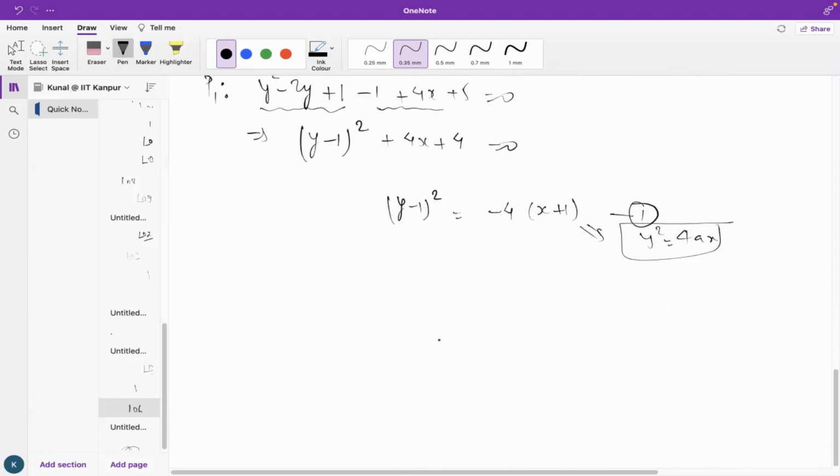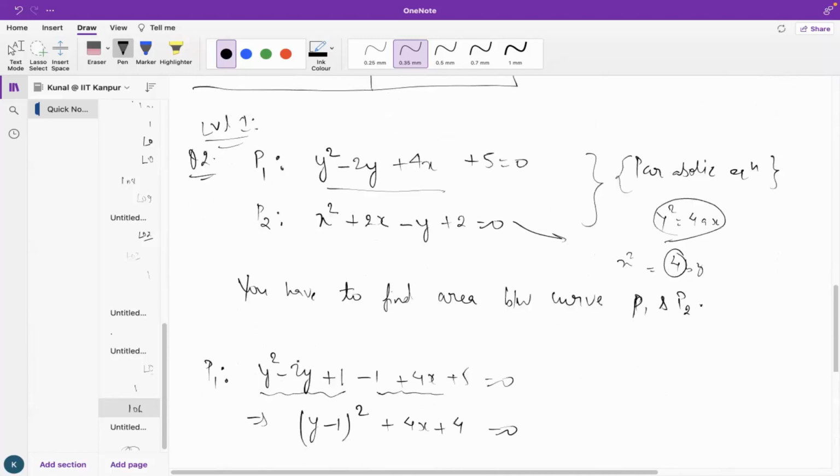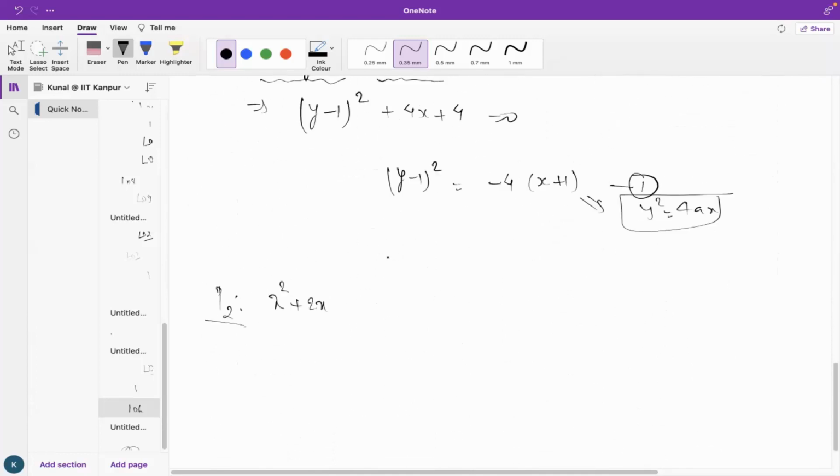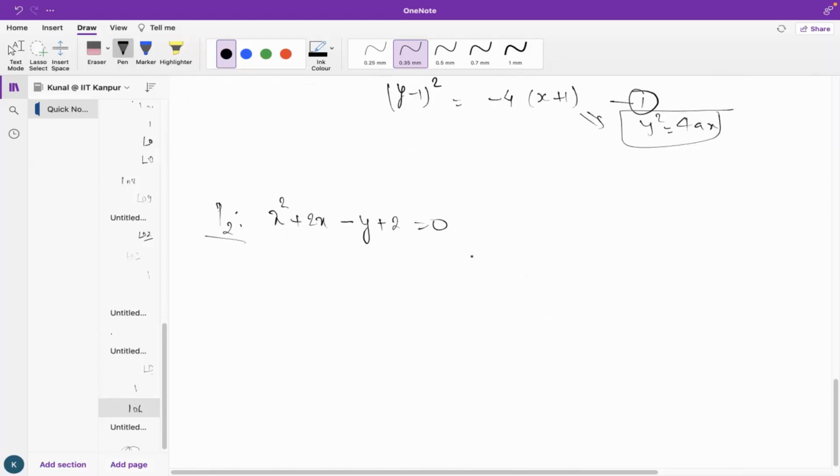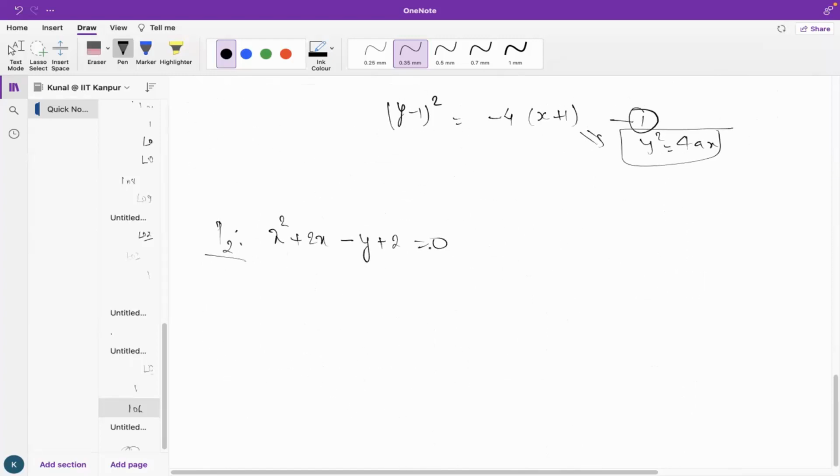Now let's move on to the second parabolic equation. So our second parabola equation will look like x square plus 2x minus y plus 2 is equal to 0. Now we have to create the perfect square in this. So what I have to do is add and subtract 1.